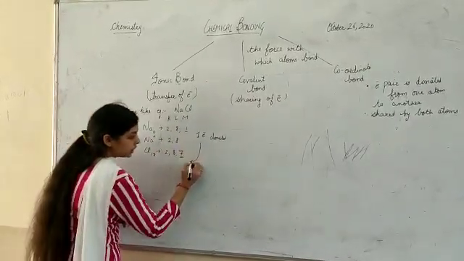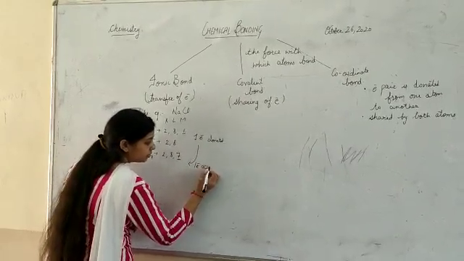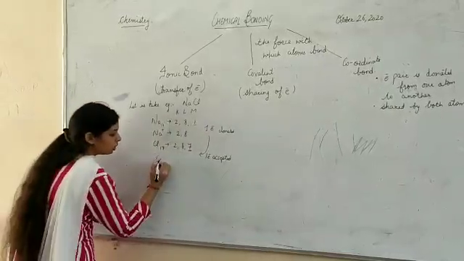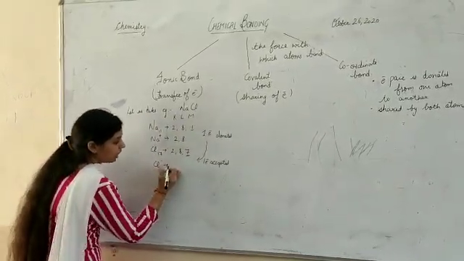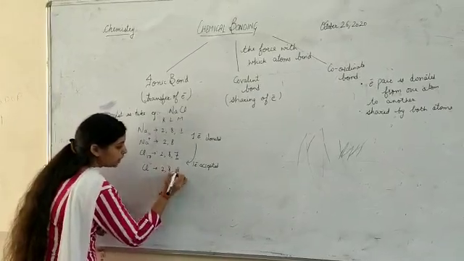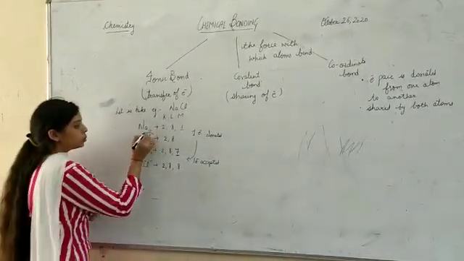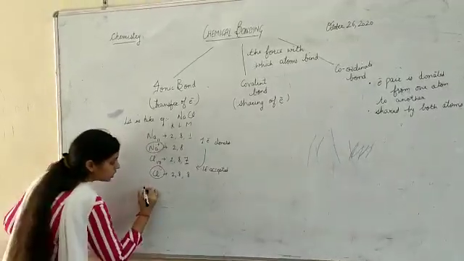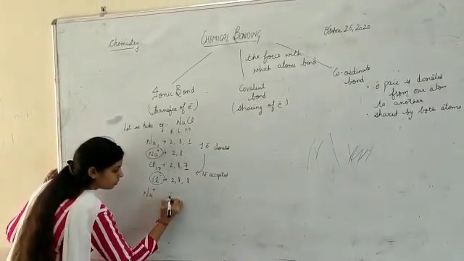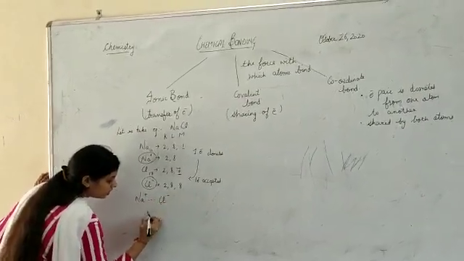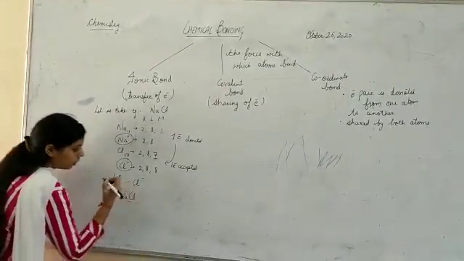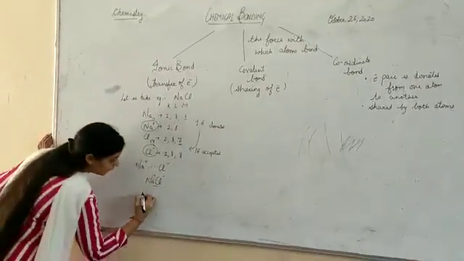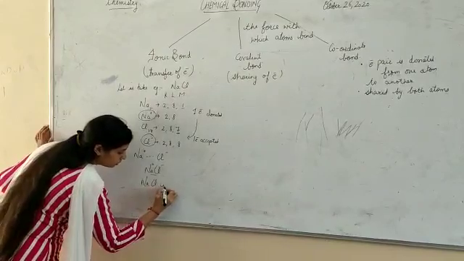Similarly, this 1 electron is accepted and the chlorine will form chloride ion having the electronic configuration 2, 8, 8. Here, the sodium ion and the chloride ion come closer and the force comes into play, and that is known as ionic bond, which makes sodium chloride, and hence NaCl is formed.